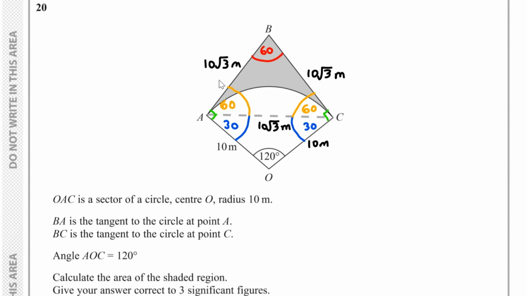So we've got 10 root 3 here, we've got 10 root 3 here, and we've also got 10 root 3 here. So now what we can do is find out the area of each of those triangles. We've got a triangle here and a triangle here.